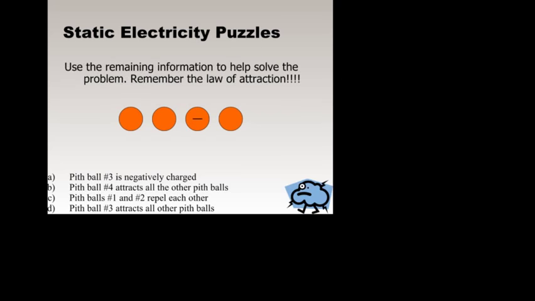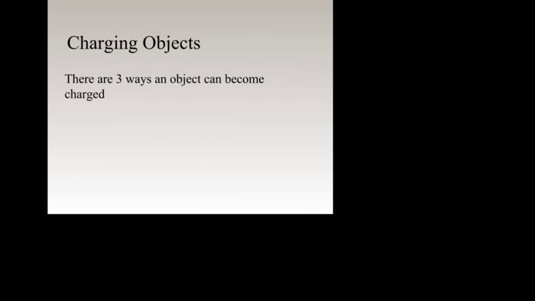All right, so when you have a neutral object, there are three ways that that neutral object can become charged. And those three ways are friction, contact, and induction.